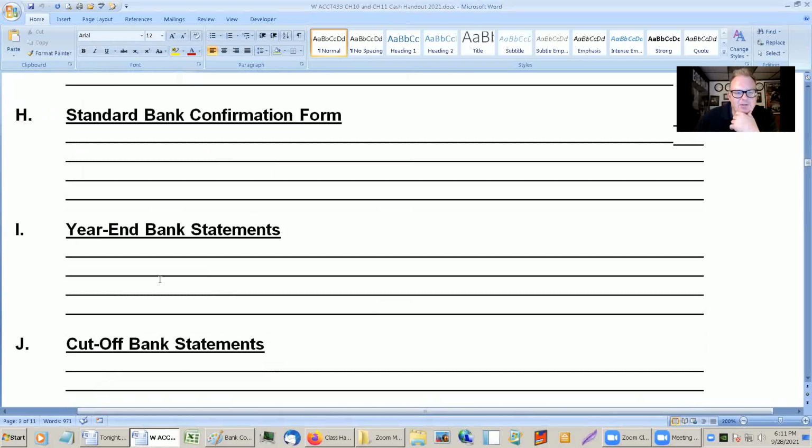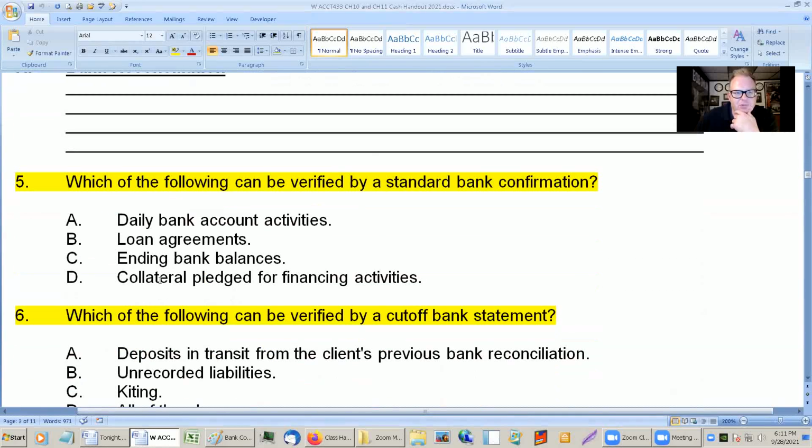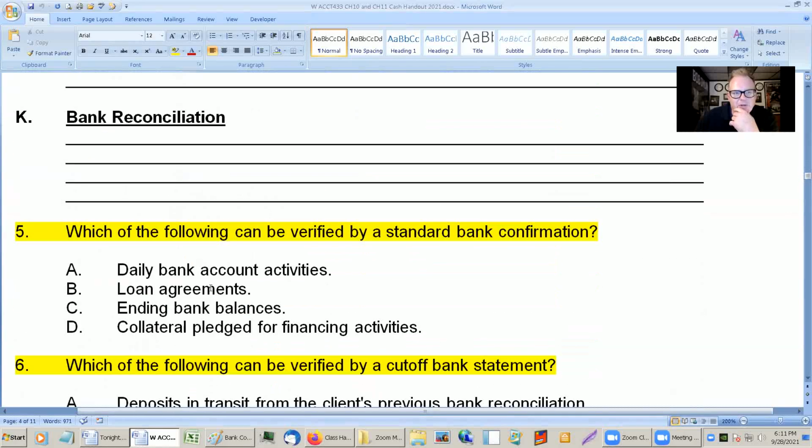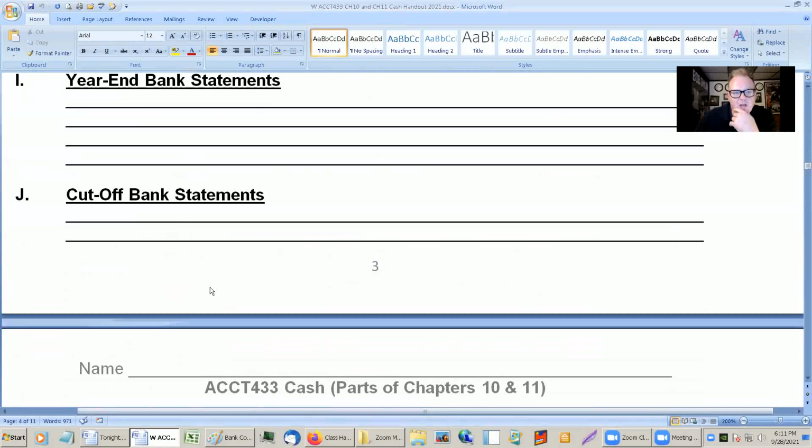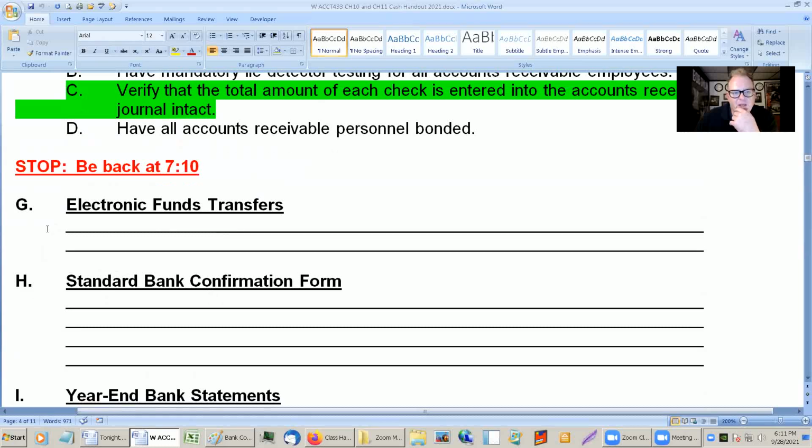We're going to do a couple little definition-y things, and then we're going to do a bank reconciliation. Okay. Some of these are terms you guys already know. Electronic funds transfer, often abbreviated EFT. These are transfers that are made between banks.